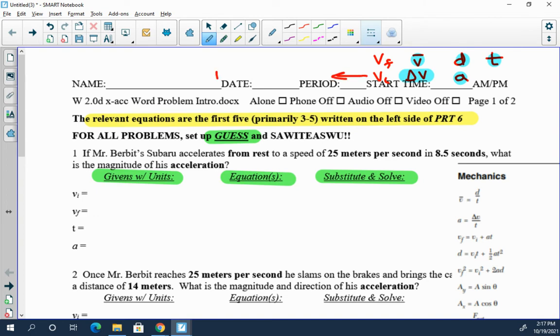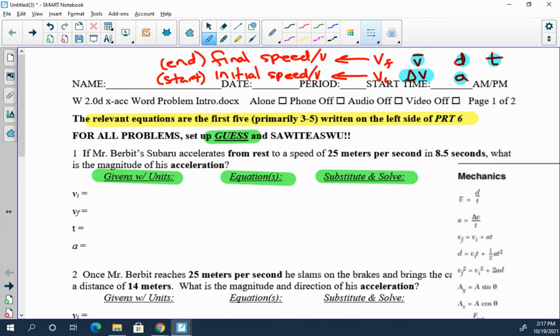So vi is what we call initial speed or velocity. And vf is your final speed or velocity. Now, initial just means how it starts. Final just means how it ends. And if you recall, these problems begin and end where we define.